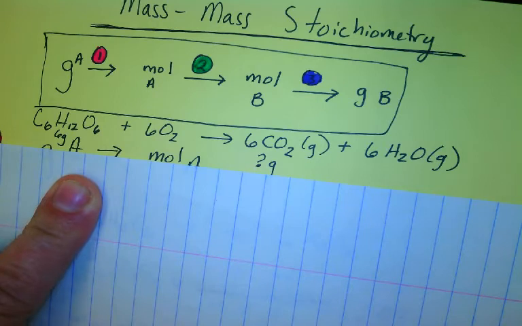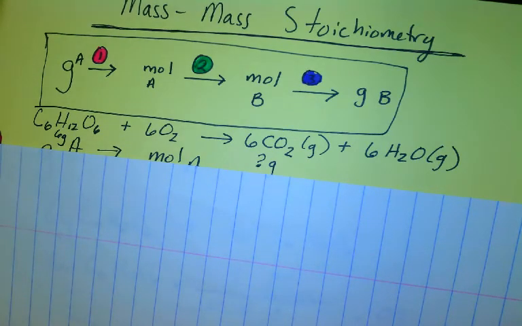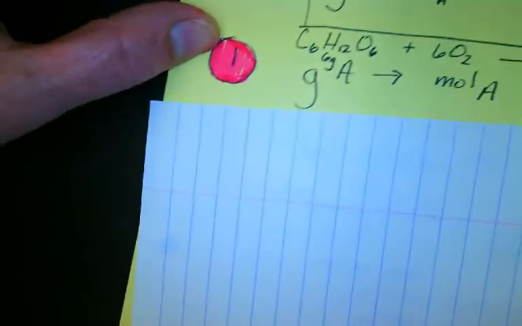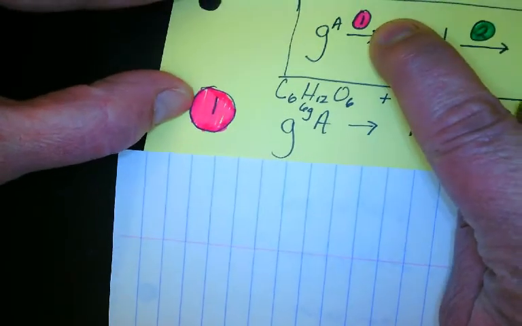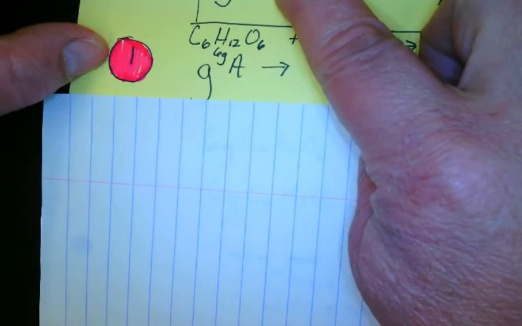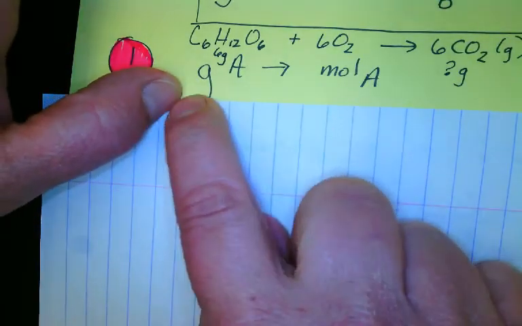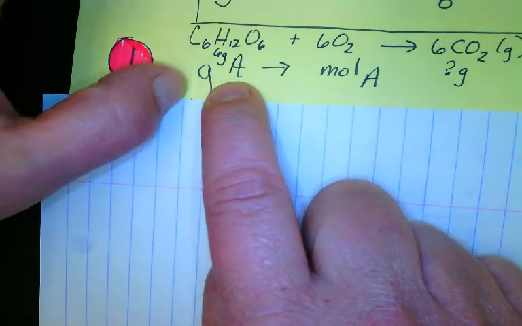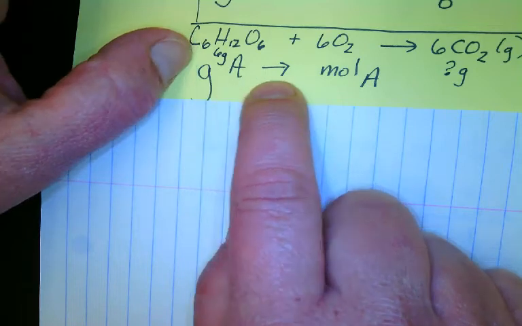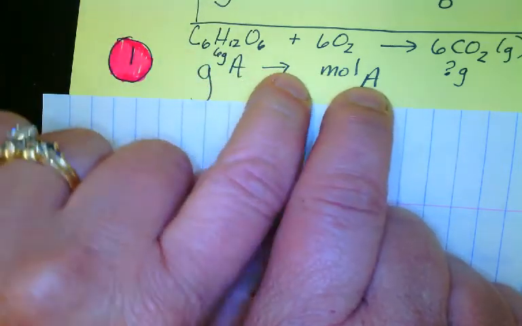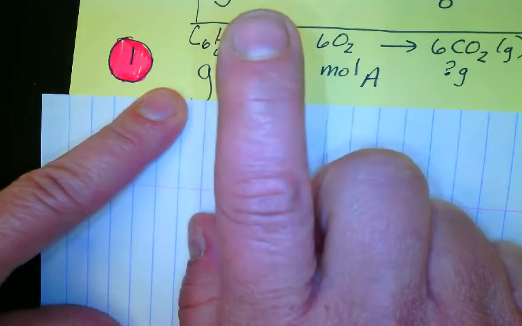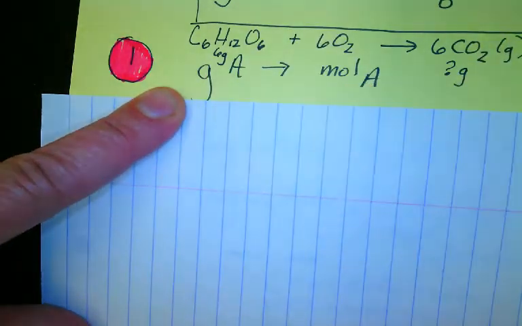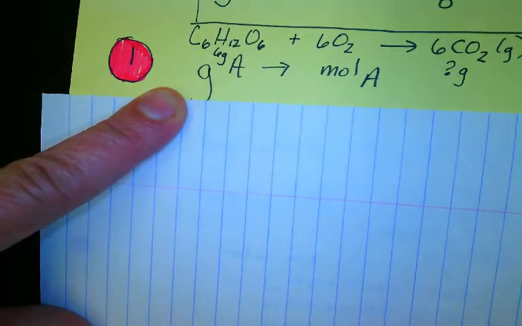Okay? So now, let's do this, shall we? Step 1. Notice it's pink, because it corresponds to my step up here. My first step is to go from grams of A, which in our case is sugar, to moles of sugar. Have you ever done a problem like this before?